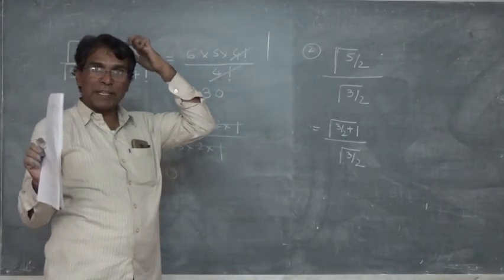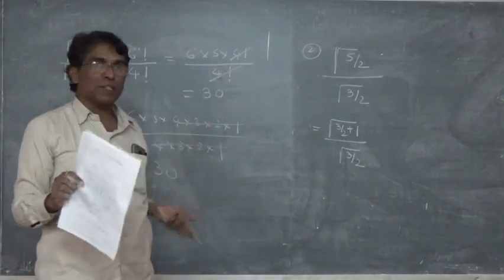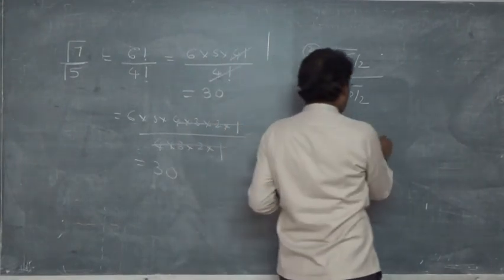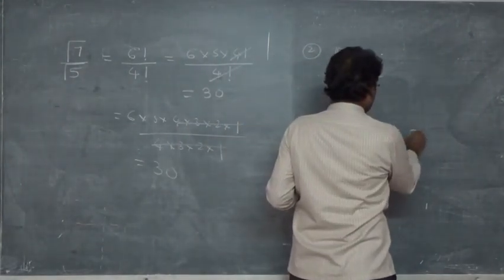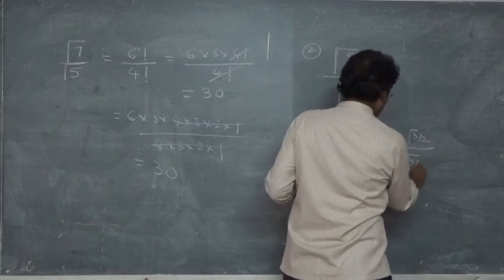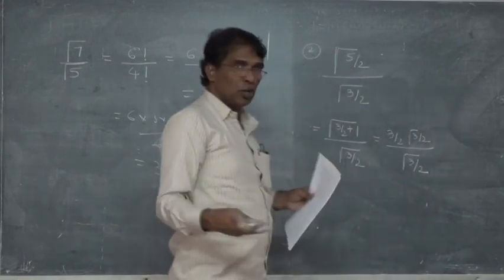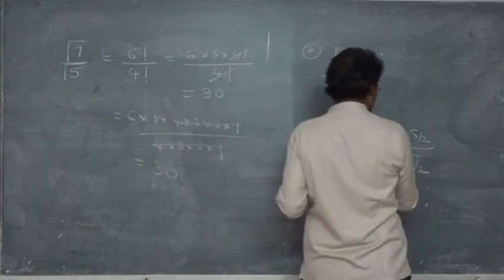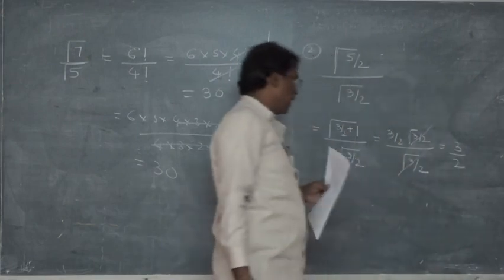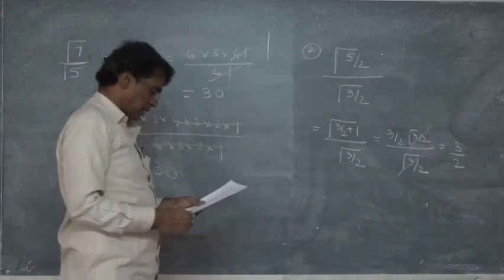And again this is gamma n plus 1, which is n gamma n, divided by gamma 3 by 2. So now this gamma 3 by 2 gets cancelled. This is 3 by 2. Answer is 3 by 2.